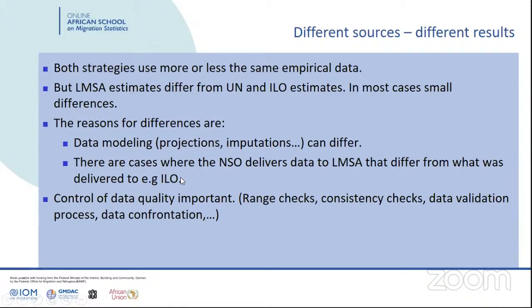Yeah, this is a bit why we get differences. Well, we do different data modeling, projections, imputations, and of course, but we have also found cases where the NSO delivers data to us that differ from what has been delivered to, for example, ILO.